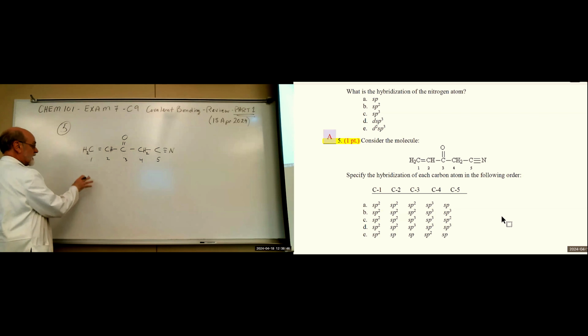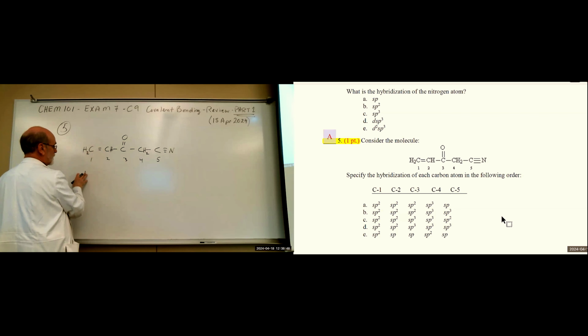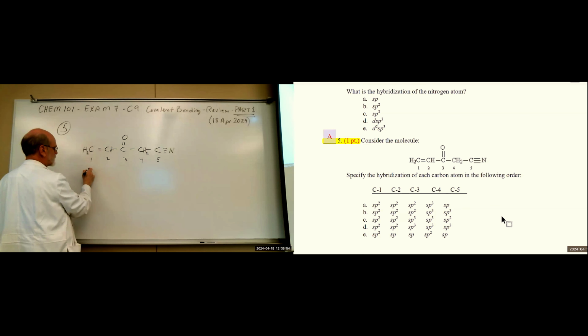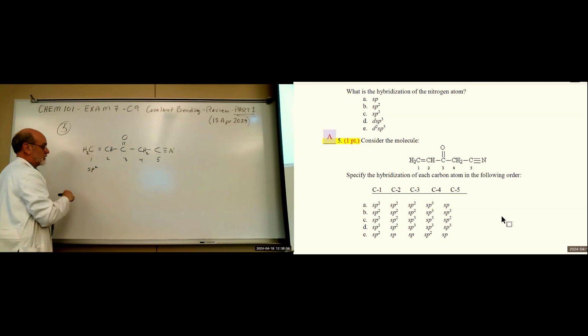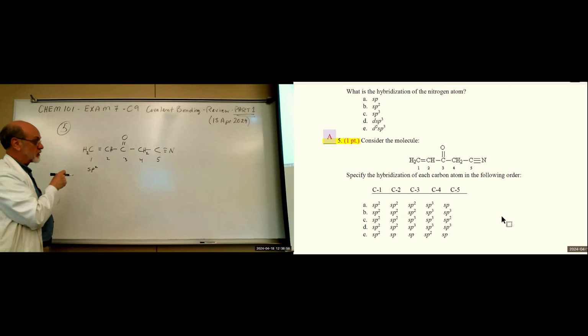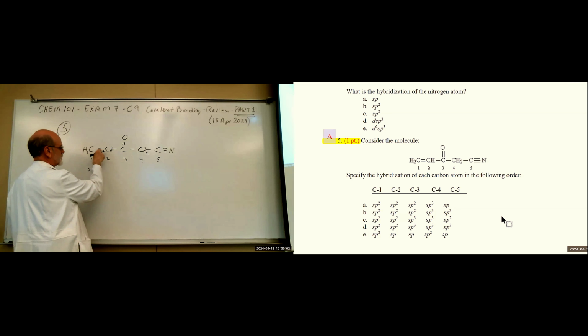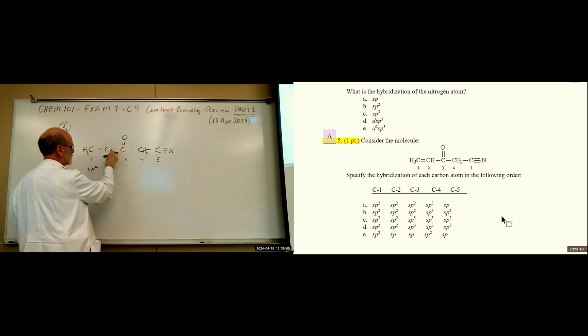So all we need is to find out what are the groups around each carbon. Well, these two hydrogens are 1 and 2 groups, and then the third one. So that's sp2. We only have three groups around that carbon. This one has 1, 2, 3. It's also sp2.